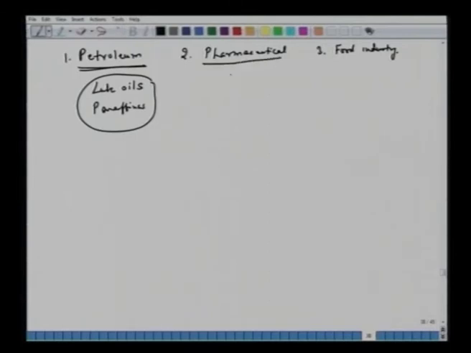Pharmaceuticals, precious compounds, say vitamin B12, maybe penicillin, erythromycin, amoxicillin, etc. One can make use of extraction to extract vitamin B12 or these pharmaceutical compounds from biofluids.